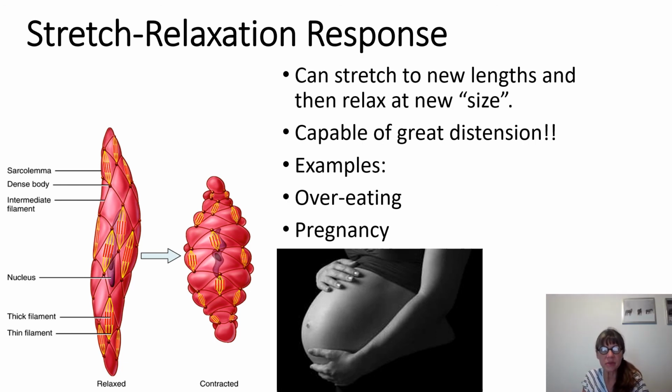Now, if you look at the picture on the left-hand side of this screen, you'll notice a much more detailed picture of the smooth muscle fibers. And smooth muscle fibers don't have striations because they don't have sarcomeres.